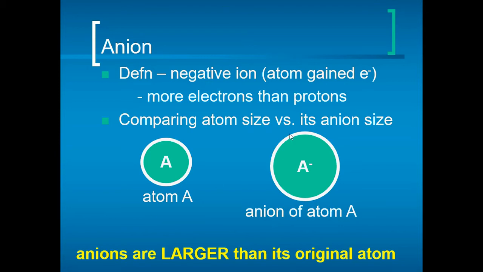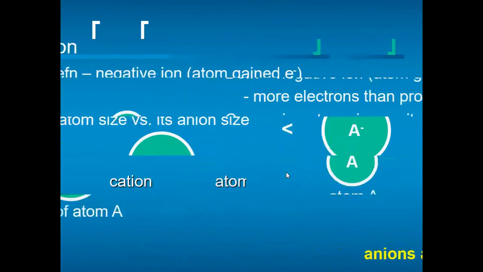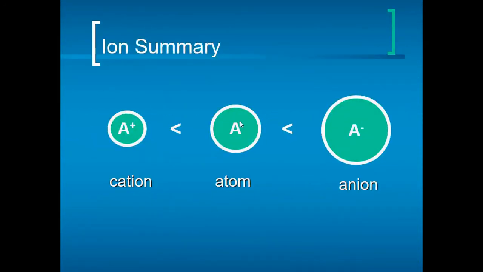So your anion is larger than your parent atom, your original atom. Okay? So to summarize, for atom A, its cation is smaller and its anion is bigger. If you were to compare fluorine versus fluorine minus, F by itself is smaller than F minus.